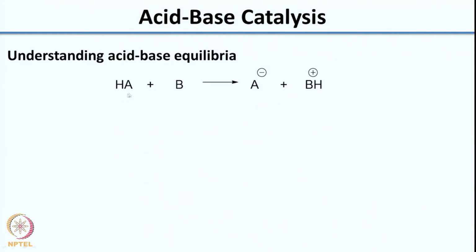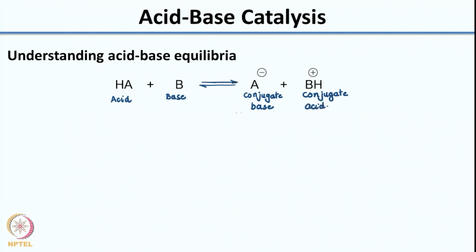So, shown here is a generic equation. When you have HA plus B giving A minus plus BH plus, a better arrow for this would be the equilibrium arrow. So, when you have an equilibria like this, this is your acid, this is your base, this is your conjugate base, and this is your conjugate acid.